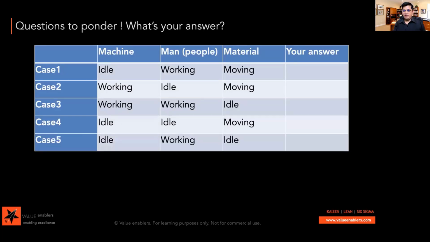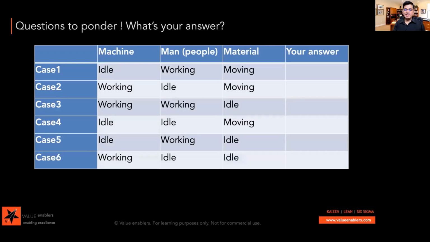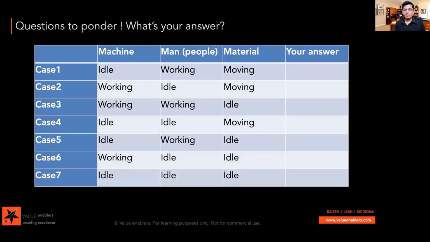Case number 5, only man is working, material not moving, and machine also not working. This is an easy one anyway. Case number 6, only machine is working, man is idle, and material is not moving. Case 7, all three are idle.